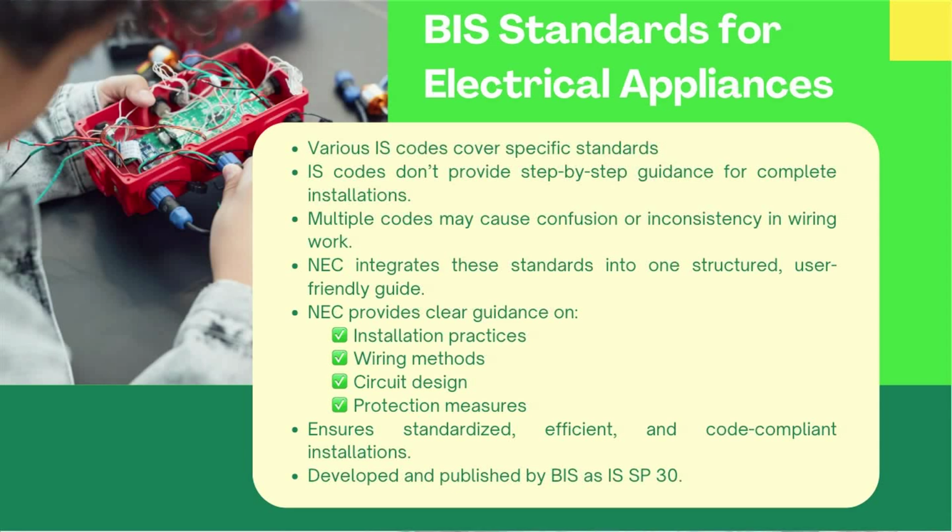Also, since IS codes apply to different parts of electrical works, this can sometimes lead to confusion or inconsistency in the installation. That's why there is a need for a comprehensive and structured framework that integrates these standards and ensures uniformity in the electrical design and execution.